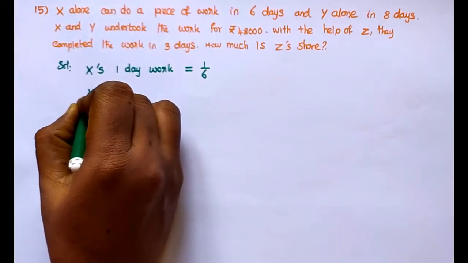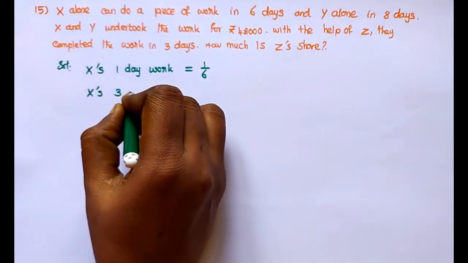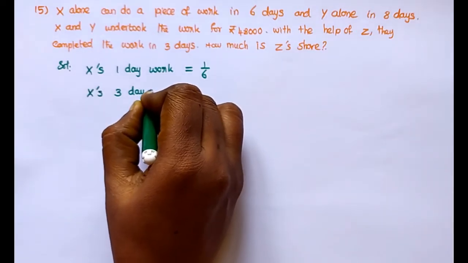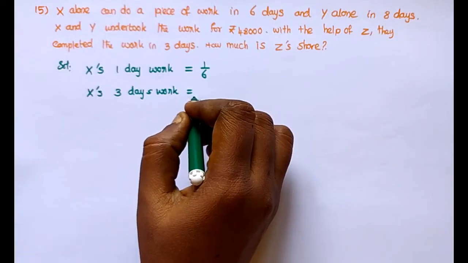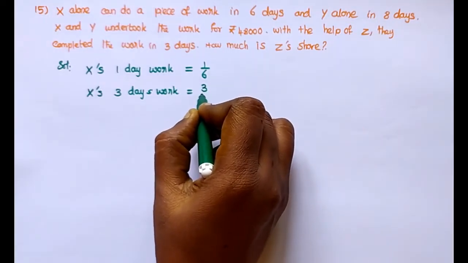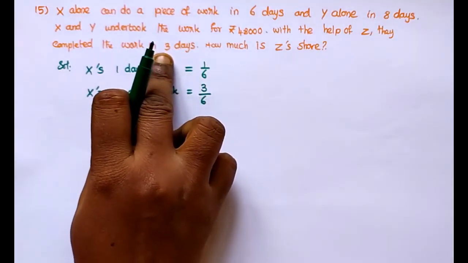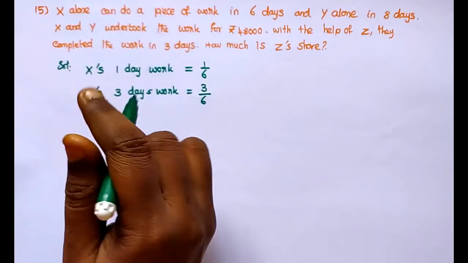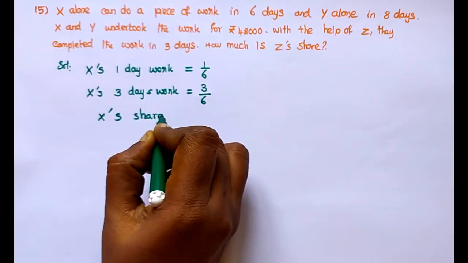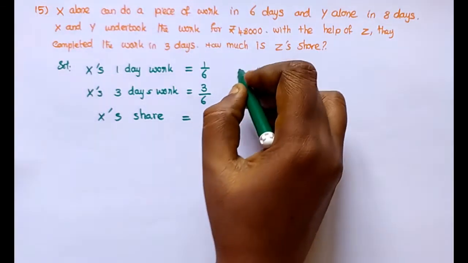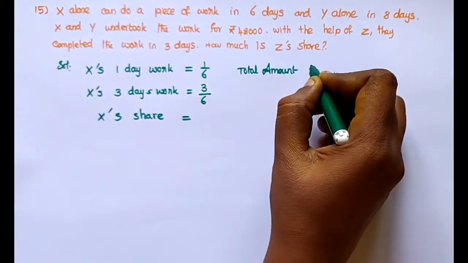So X's 3 days work equals 3/6. The total amount they were given is how much?